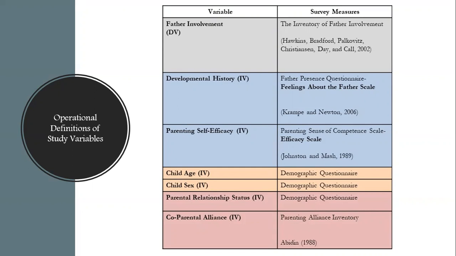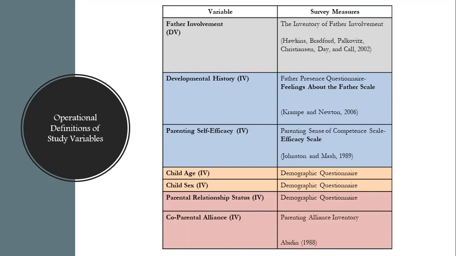Each of the concepts was operationalized through survey instruments. For the concept of father involvement, I used the Inventory of Father Involvement, and you can see the citation here for that particular measurement tool. For developmental history, I used the Father Presence Questionnaire. For parenting self-efficacy, I used the Parenting Sense of Competence Scale. For child age, child sex, and parental relationship status, I used a demographic questionnaire.